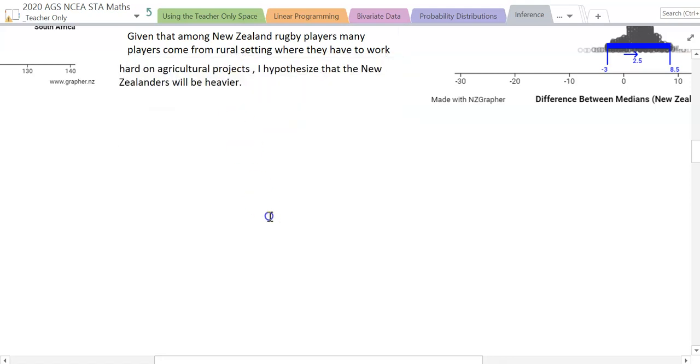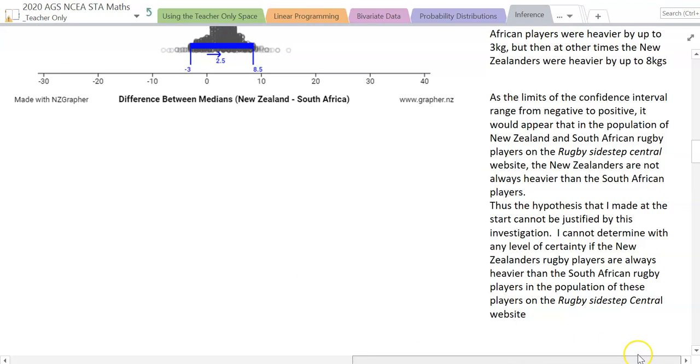You've tested it, and the test has shown that it isn't necessarily true, and that's an answer in itself. So sometimes your conclusion over here will contradict the hypothesis that you made at the beginning, but that's fine. You've now got to a stage where you can make a decision.